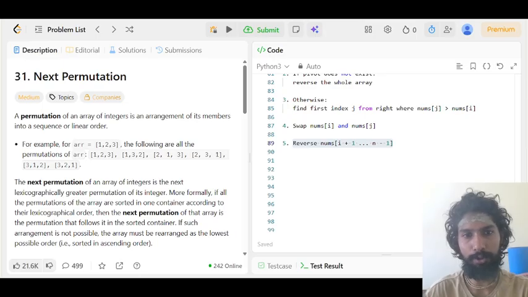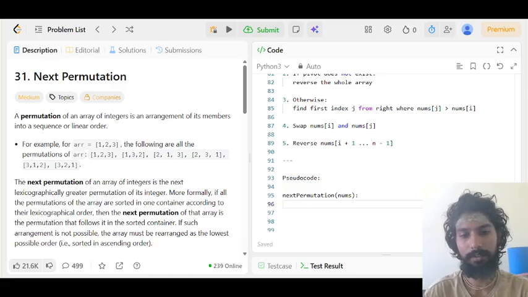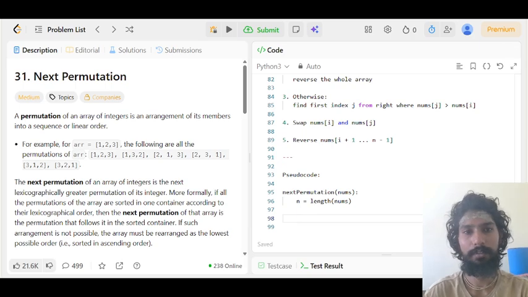So let's write the pseudocode. That is very simple to write. Pseudocode. This is our function, nextPermutation(nums). Now we initialize n equal to length of nums. Now we initialize i equal to n minus 2.